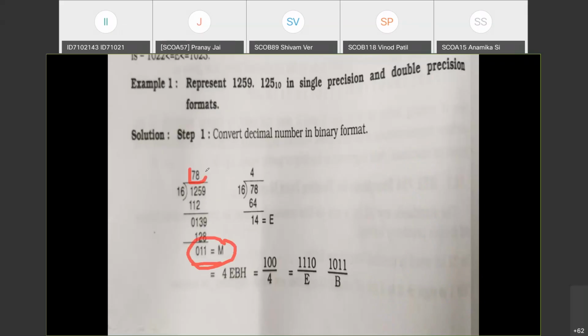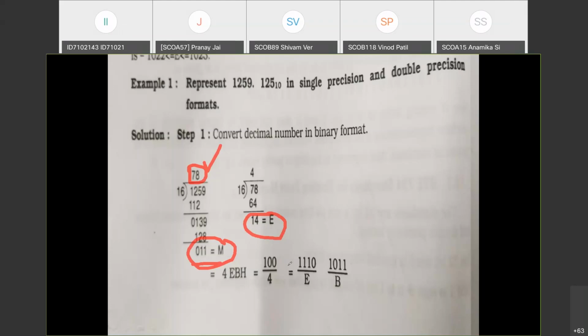That value is 78. Again this 78 is divided by 16, and we can find the answer. Whatever remainder comes after performing the division, that is nothing but the exponent value E. So for this, E and C will be represented. E is written here, and B is whatever remainder you are getting there, that will be put.